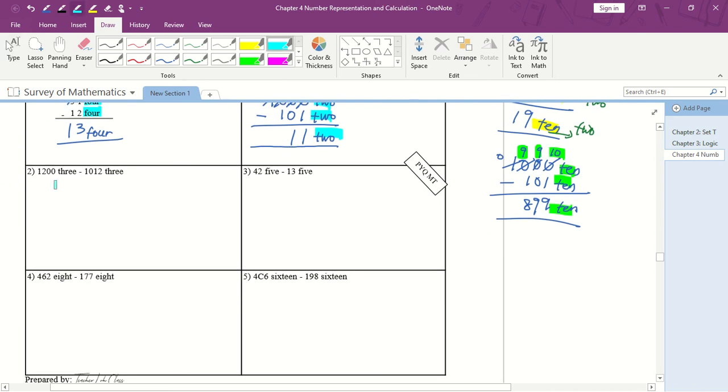Let's look at the next one. 1200 base 3 minus 1012 base 3. Of course we know that this is base 3, and again the same thing here. I need to minus, so I need to borrow from the previous one because there's not enough to minus a 2, but of course they also don't have enough, so I will borrow from here.